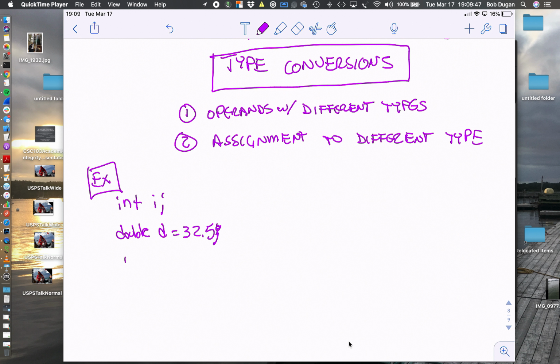And now we say i equals d. All right. Well, if you paid attention in Java, Java says that this is an error.